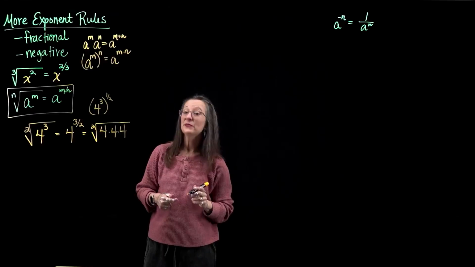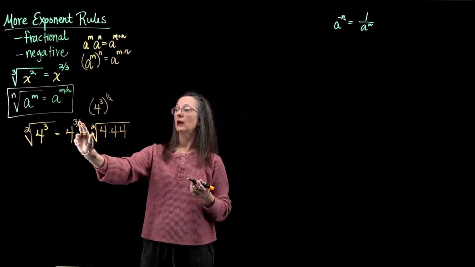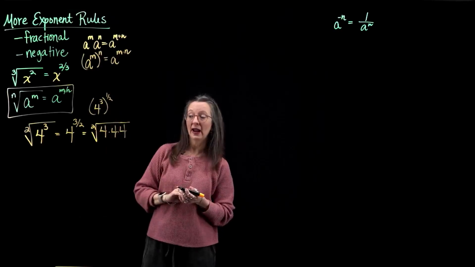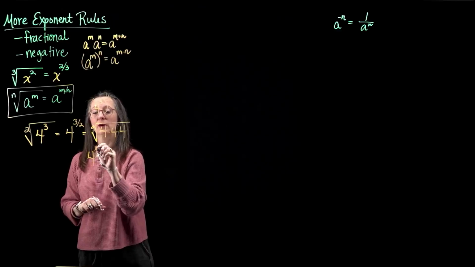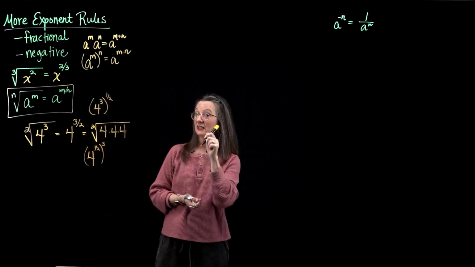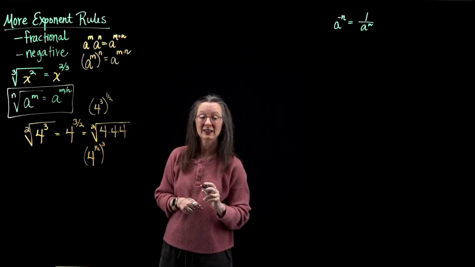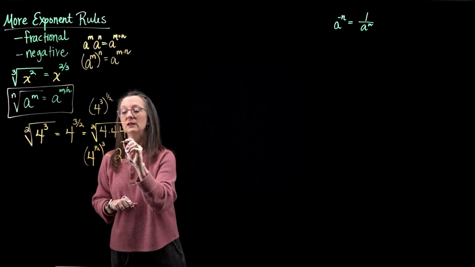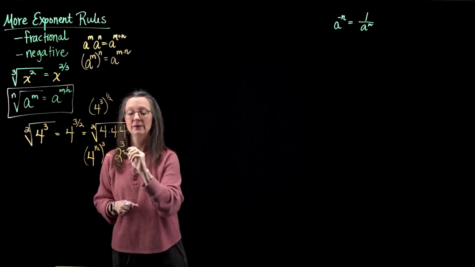Here's a trick though. We can also think of it the opposite way. Remember, 3/2 is the product of 3 times 1/2. Another way to think about it is 4 to the 1/2 power cubed. That's the easier way to do it because I know what 4 to the 1/2 power is. That's just the square root of 4. So this would be 2 cubed, which would just be 8.